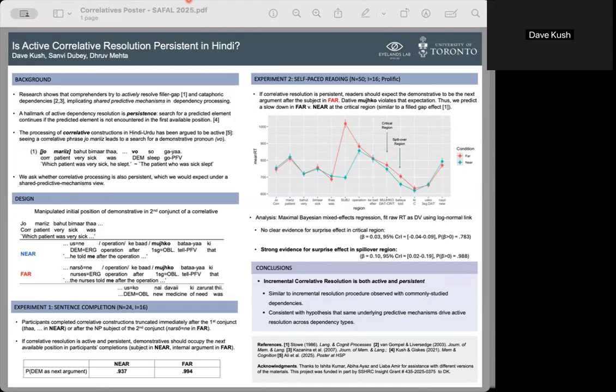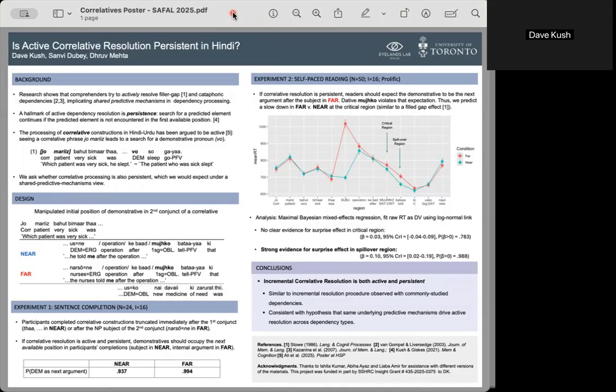Giskes and Kush 2021 showed that this kind of behavior is seen with cataphor processing too. So we've got two observations, first active filling and then persistence. Those are characteristics of many forward-looking dependency processing routines.